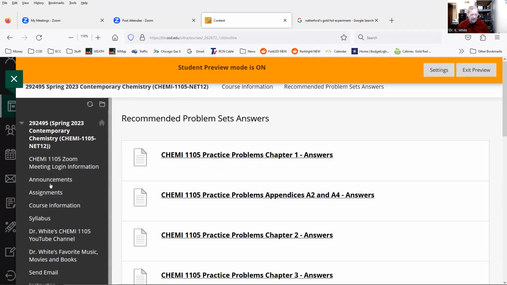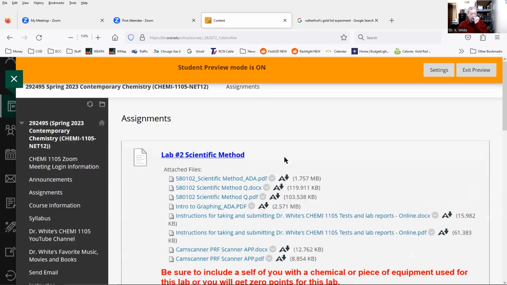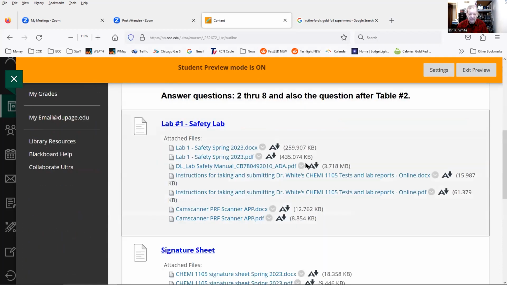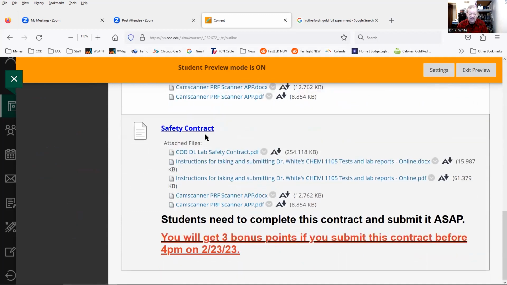Another important thing, if you look on the left, you'll see assignments. Here's where I'll have the labs. Don't forget, I need as soon as possible the safety contract. I need it so I can make sure I can put down you're actively participating in this class. If you haven't uploaded this, please do.